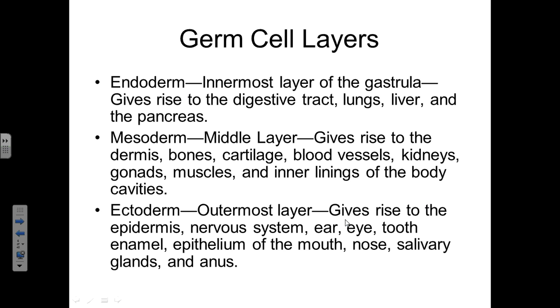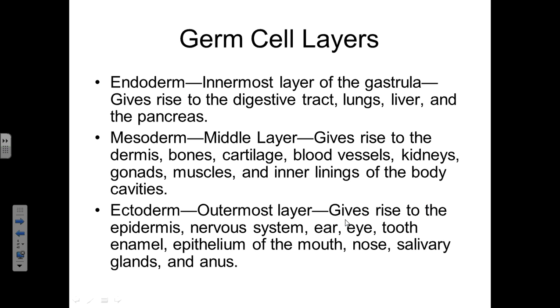And then the final one is the ectoderm. And it's the germ cell layer on the outside. And it makes stuff mostly on the outer part of your body, like the epidermis, the top layer of the skin, the nervous system. It makes a lot of your sense organs, like your ears and your eyes. It makes the tooth enamel, the outer part of the teeth.